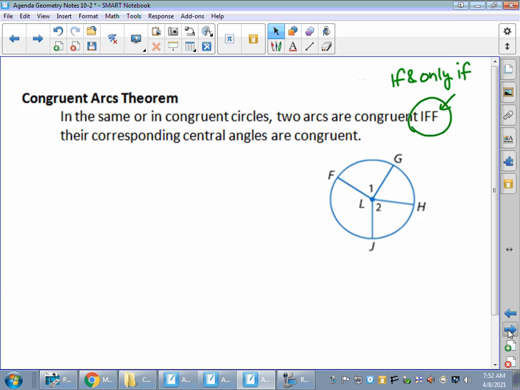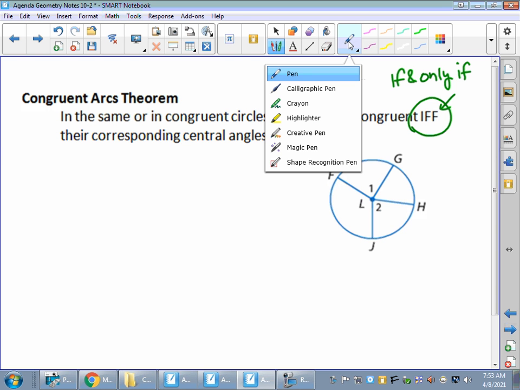Two arcs are congruent if and only if their corresponding central angles are congruent. So in other words, if we've got congruent arcs, then we've got congruent central angles. Or I can switch it around. That's what if and only if means. If I got congruent central angles, then I have congruent arcs.